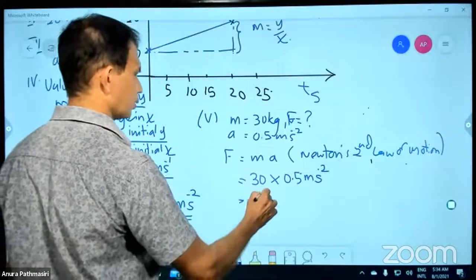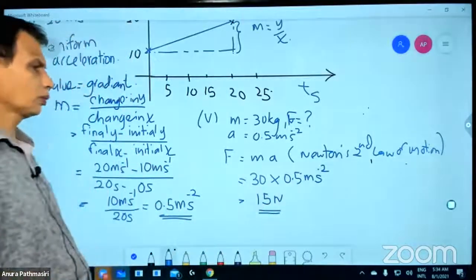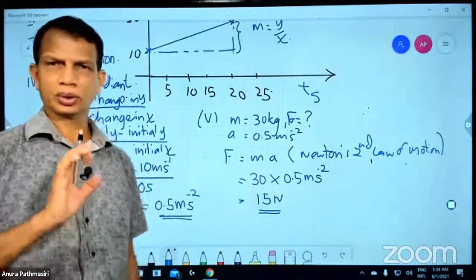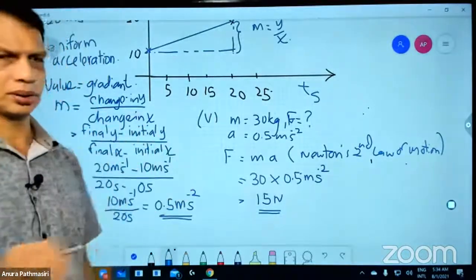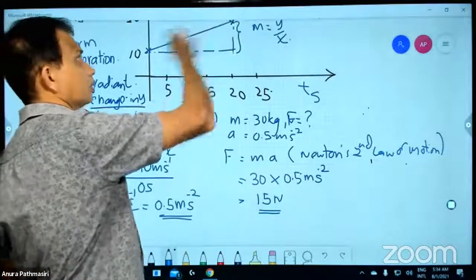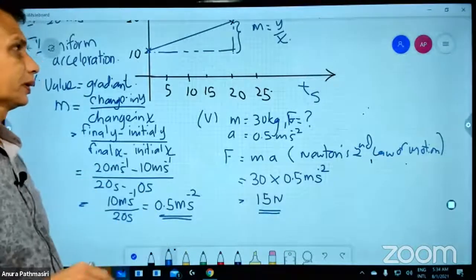That means 15 newtons. You want to have the 15 Newton force towards the particular direction in order to achieve the acceleration up to this point.